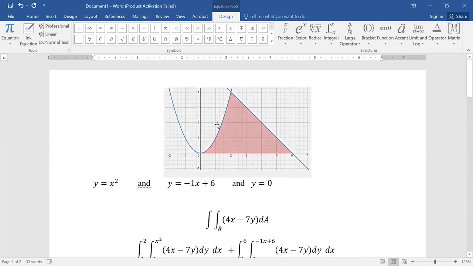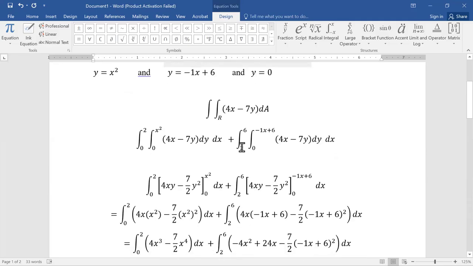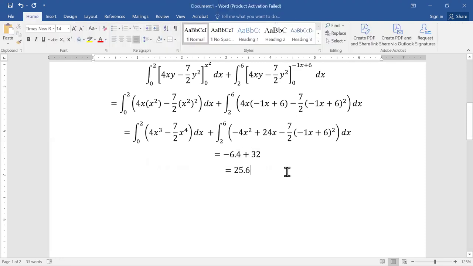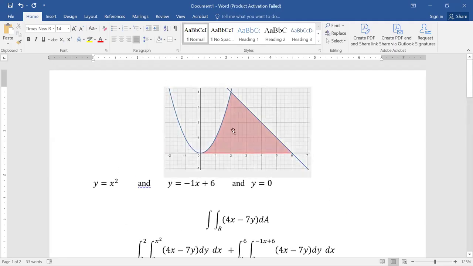And now you see that, first off, we can split our region that we're integrating over into parts if we need. Second, sometimes there are parts of our surface which go below the XY plane, and so we might end up with some negative value. That's the part that goes below the XY plane, or at least in this region, we had more going below than we had going above.